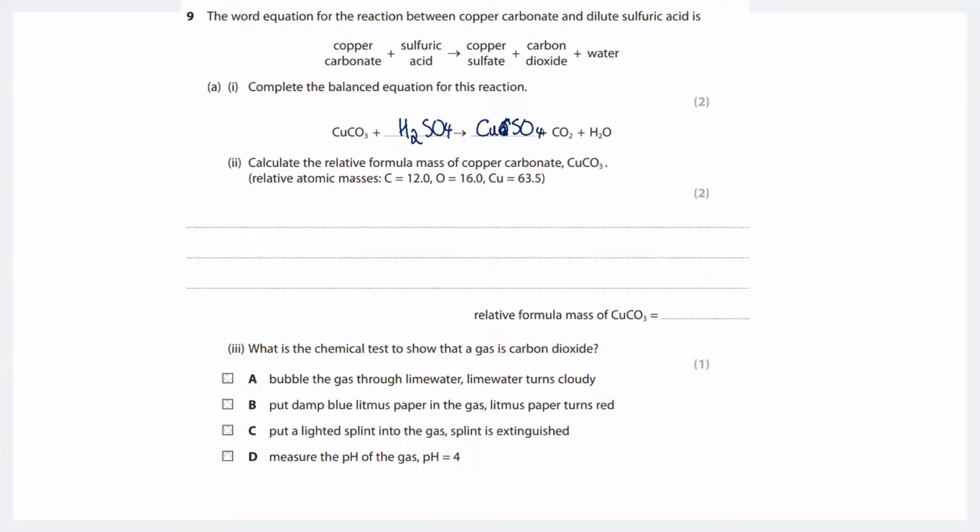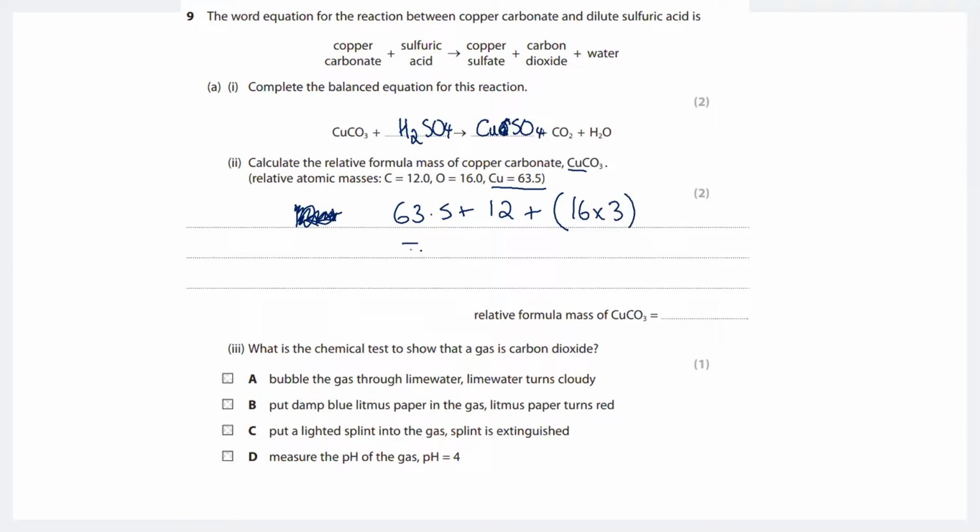Calculate the relative formula mass of copper carbonate CuCO3. So this is easier than it looks as well. We cover the atomic masses. So 1 copper, Cu, 63.5, plus 1 carbon, 12, plus 3 oxygen, so 16 times 3.